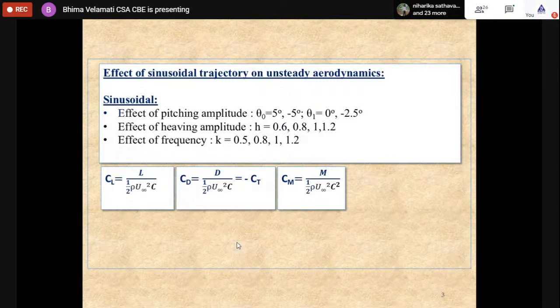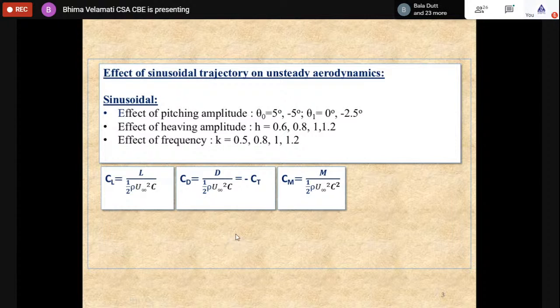If I want to extract power, so what is the difference? In case of propulsion, I need to give motion and the object will move. In case of power extraction, I have a flow which will cause the motion, which will give me power.